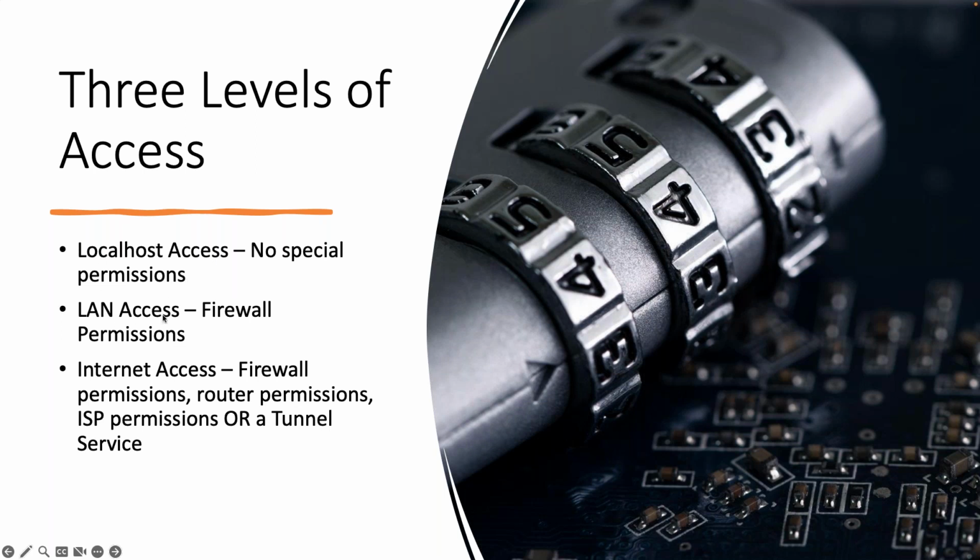The next is LAN access. Imagine you want to allow someone else on your local area network to take a look at your application. This absolutely can be done. One of the most common examples is if you are developing a mobile application on your desktop, and then you pull out your phone to check it out.